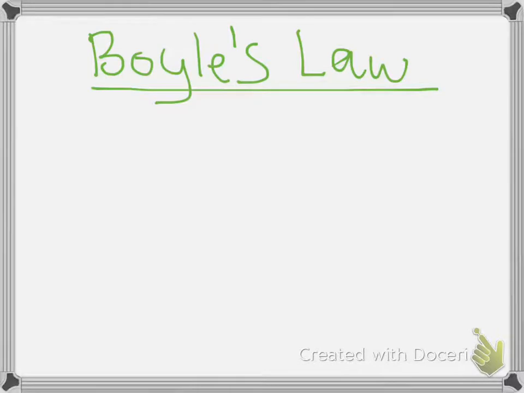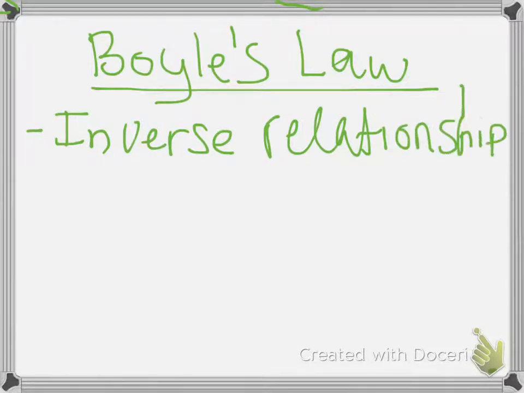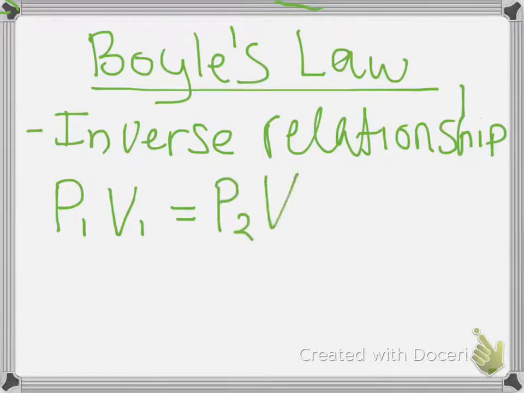And Boyle's law states the inverse relationship between pressure and volume, and the following formula is P1 times V1 is equal to P2 times the volume of the second container.